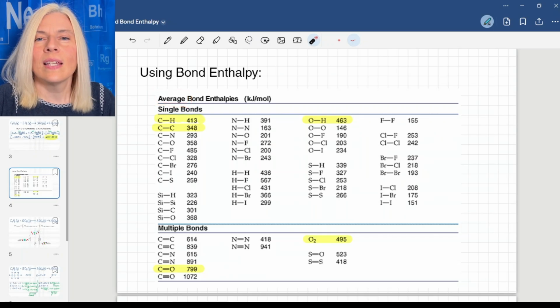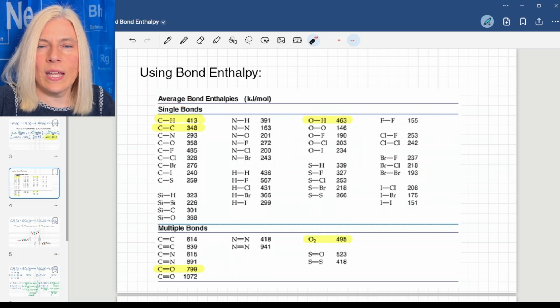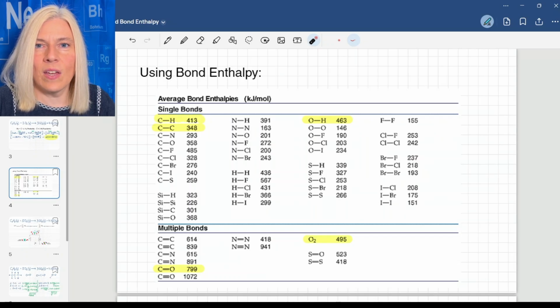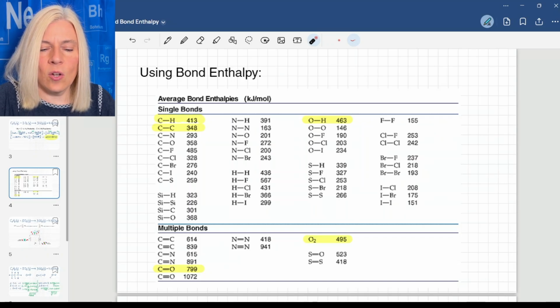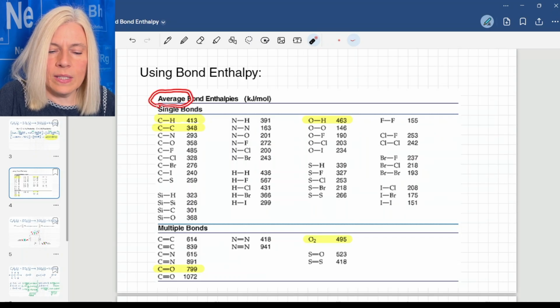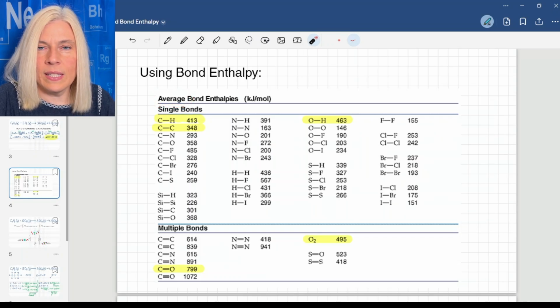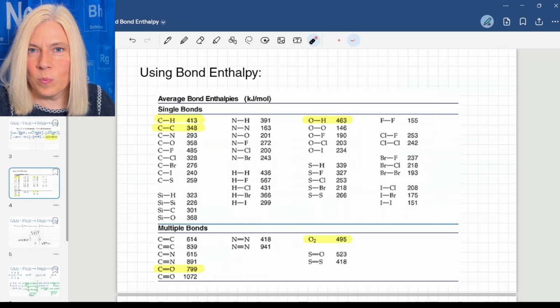Some bonds are a little bit different. So like if you have a carboxylic acid, the OH bond will be much easier to break than the OH bond in water, right? So this is average bond enthalpies. So sometimes bonds are easier to break based on what the functional group is.